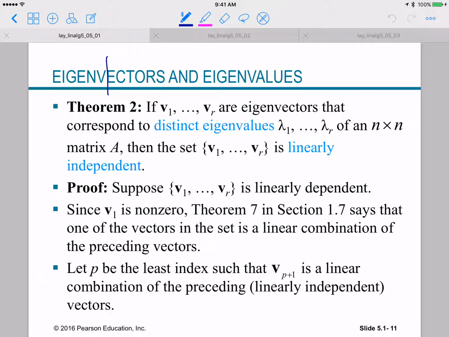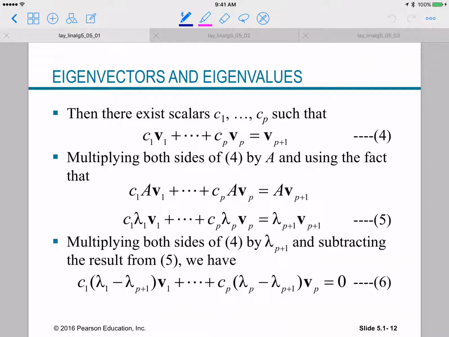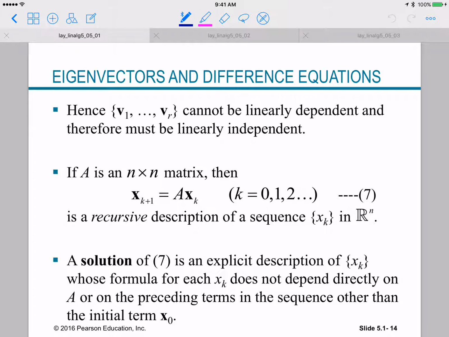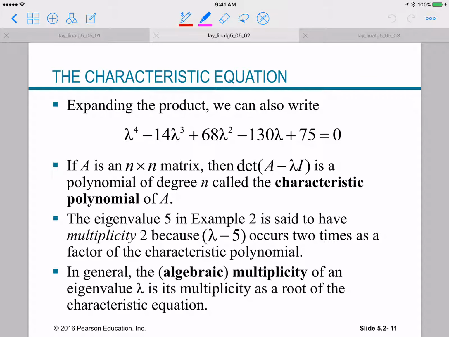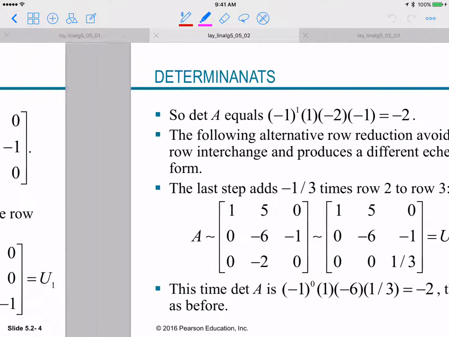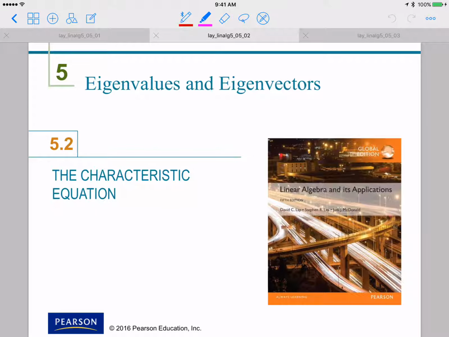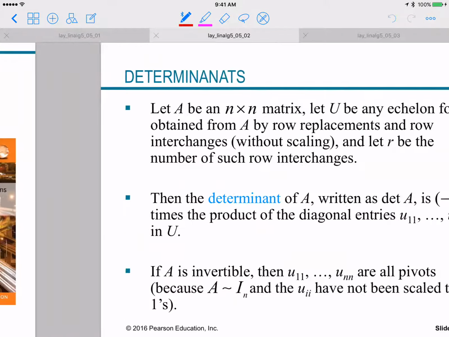I will cover this theorem 2 later, and also the remaining part, and then I'll directly move to the second chapter, the characteristic equation, which is just this: determinant of A minus lambda I equals 0.